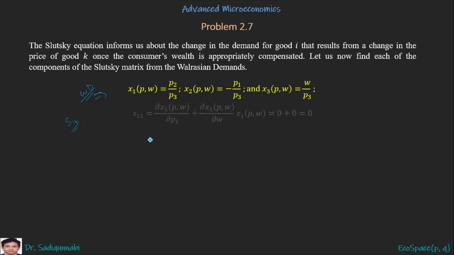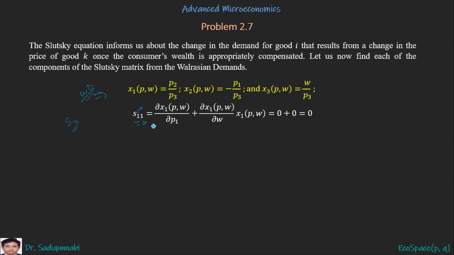This one means good x1, and this one means price p1. So the first subscript is for the good and the second subscript is for the price.